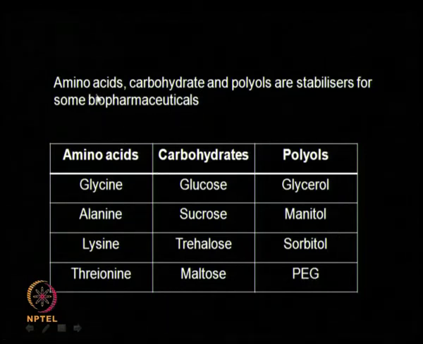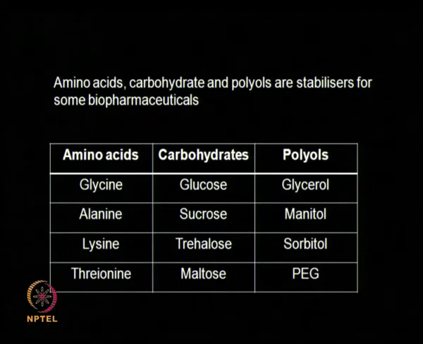So you can choose a large number of amino acids, carbohydrates and polyols which are biocompatible, which can be consumed by humans, and which are widely used in therapeutic applications as well as biopharmaceutical applications.